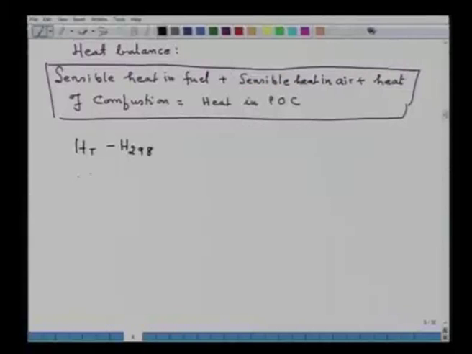So, what I am doing, I have listed some of the HT minus H298 values relevant for this problem. Since blast furnace gas is heated to 527, I will be writing H800 minus H298 for CO, that is 306.28 calorie per mole.